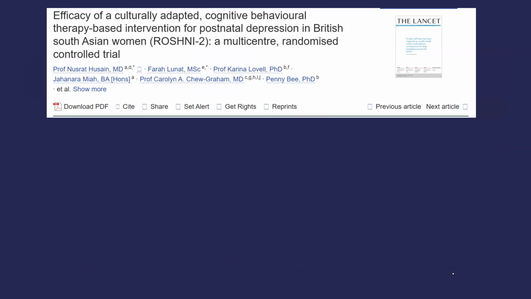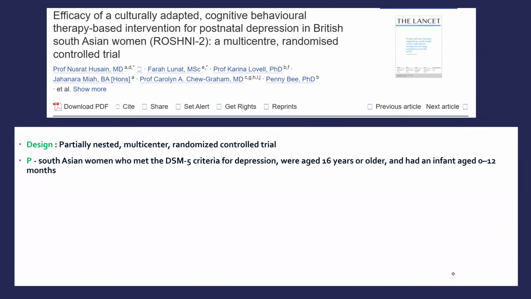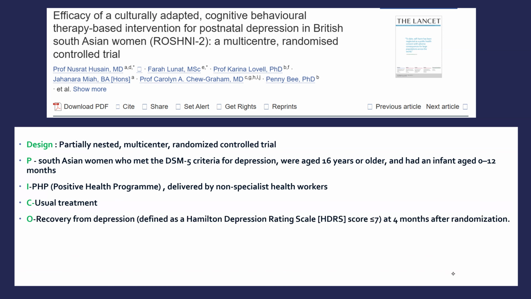This was the original Roshni 2 trial. This trial was a multi-center randomized controlled trial. Populations were the minority groups in Britain. So they had South Asian women who had fulfilled criteria for postnatal depression. Intervention was a positive health program, PHP. The control was usual treatment, and outcome was recovery from depression.